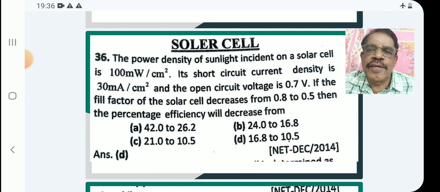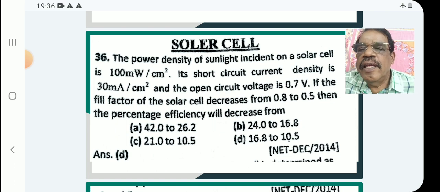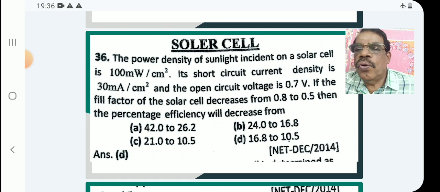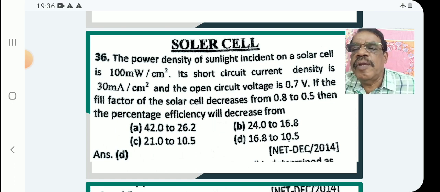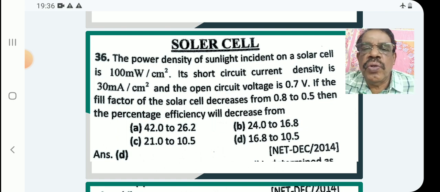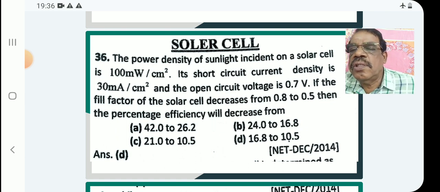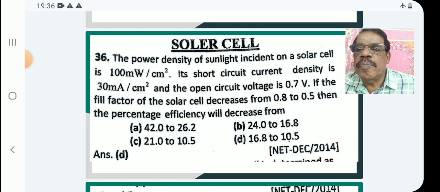I shall read the question once again. The power density of sunlight incident on a solar cell is 100 milliwatt per centimeter square. Its short circuit current density is 30 milliampere per centimeter square, and the open circuit voltage is 0.7 volt.